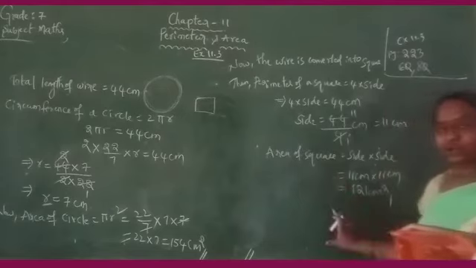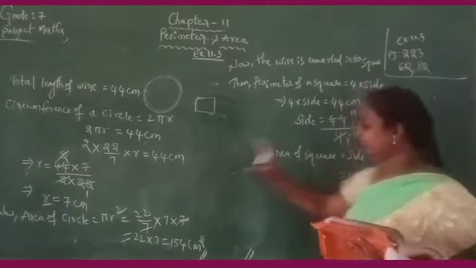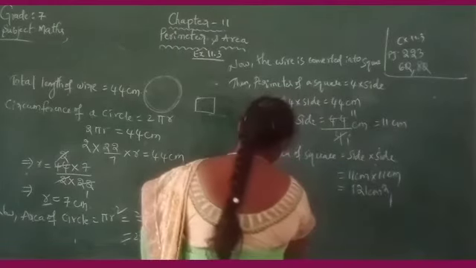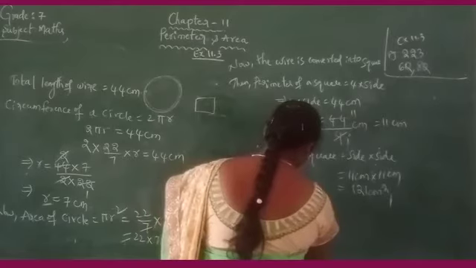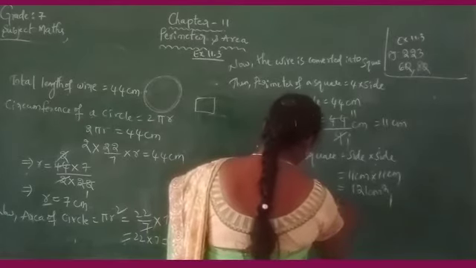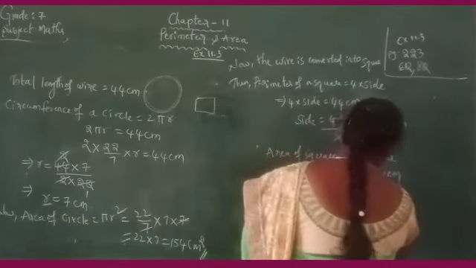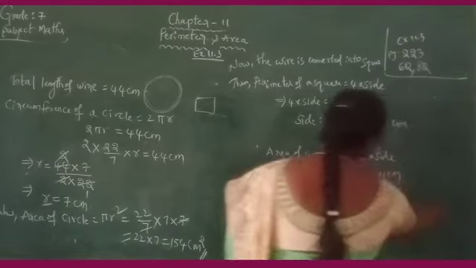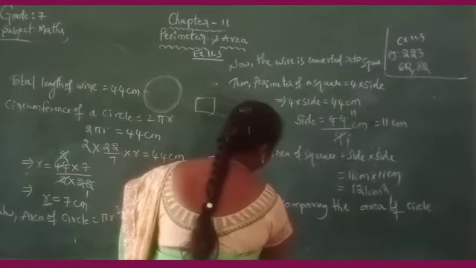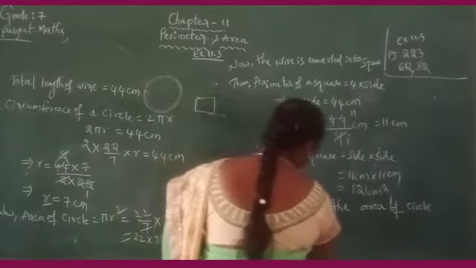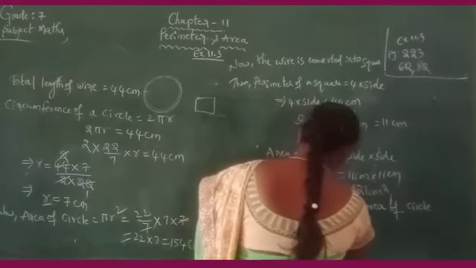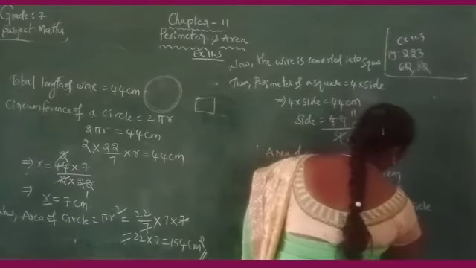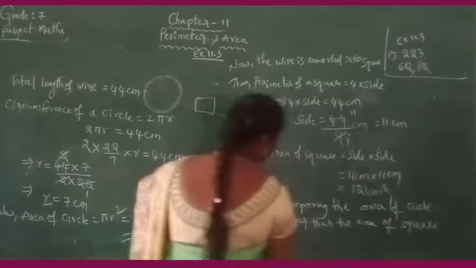Which area is more? Circle area is more than square. Very good. So finally you write on comparing: the area of circle is greater than the area of square.